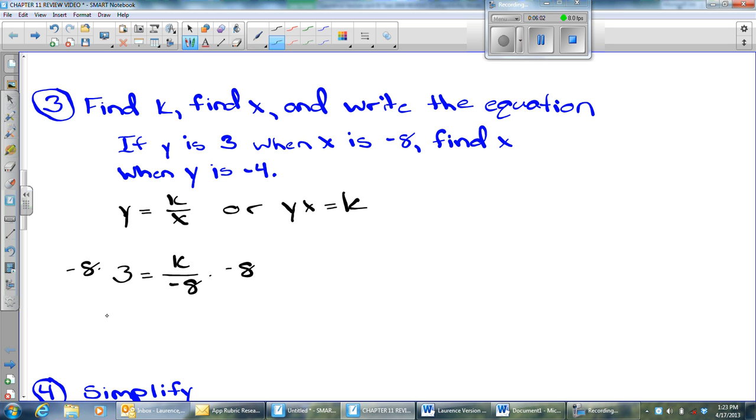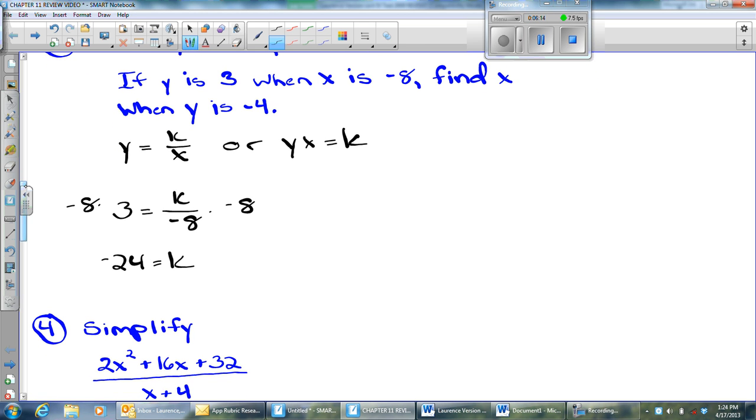So I'm going to get -24 equals k. Now I have my k, so I can make my equation. So my equation is going to be y equals -24 over x.